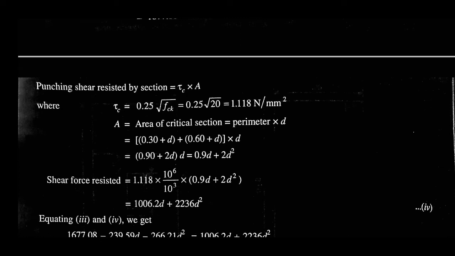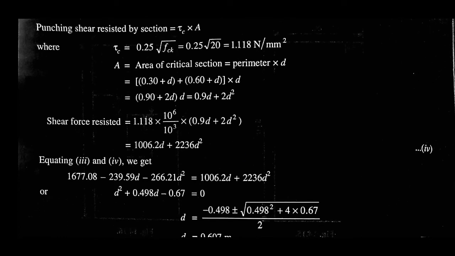So that is 0.9 plus 2d into d, that is 0.9d plus 2d square. So the shear force resisted is 1.118, that is tau c, into 10 to the power 6 by 10 cube into within bracket 0.9d plus 2d square, that is equal to 1006.2d plus 2236d square. Now we have to equate equation 3 and equation 4 to find out the value of d.